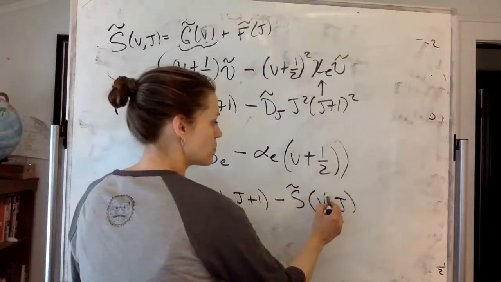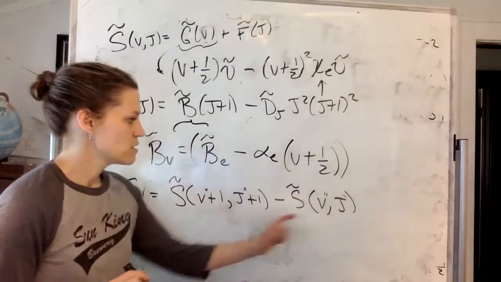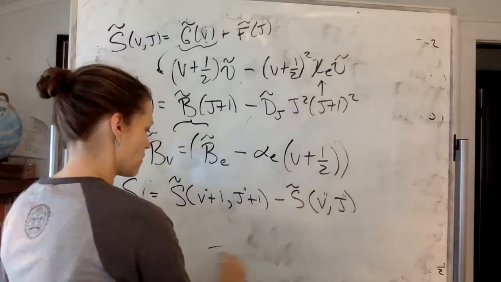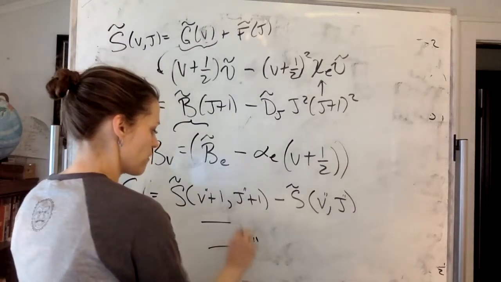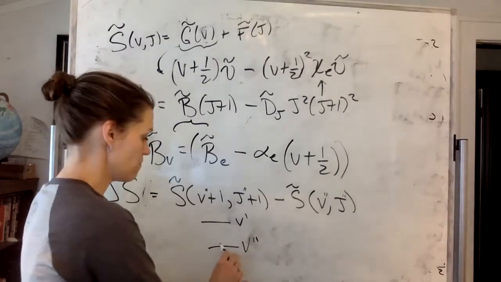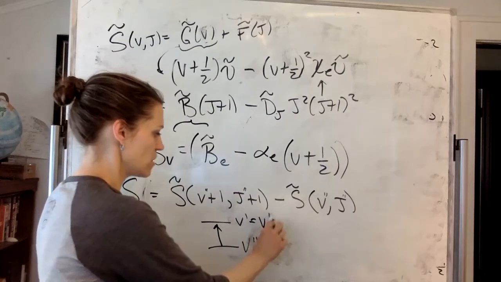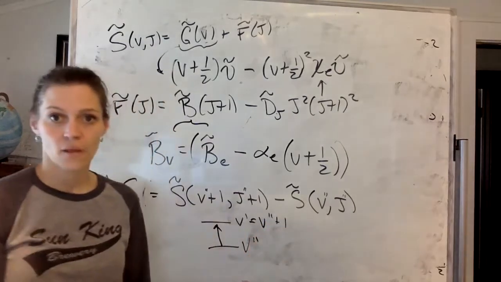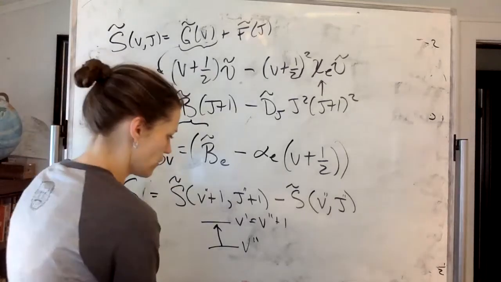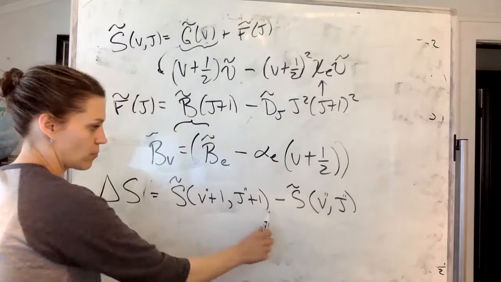You can say these are my double primes, because V double prime would be the ground state, and then the first excited V would be V prime. And so you're looking at that transition where V prime equals V double prime plus 1. Okay, and so now, likewise with J double prime and J double prime plus 1.